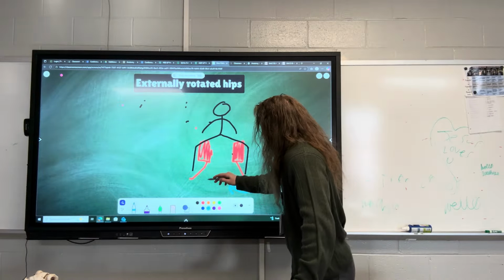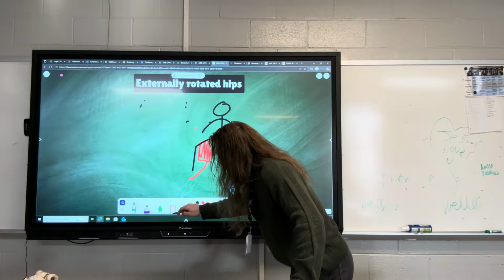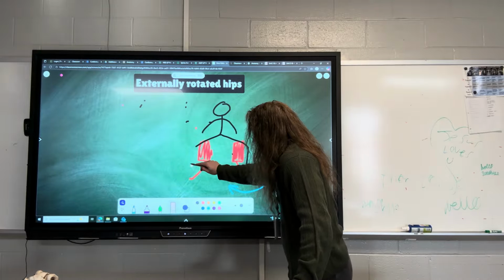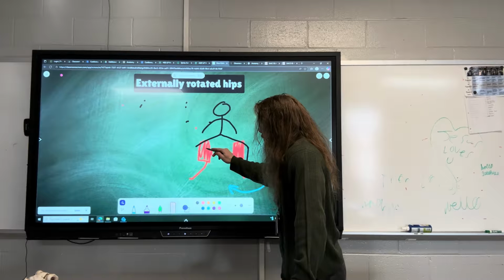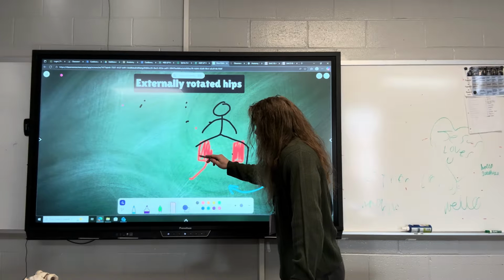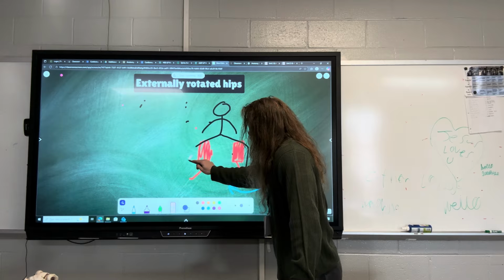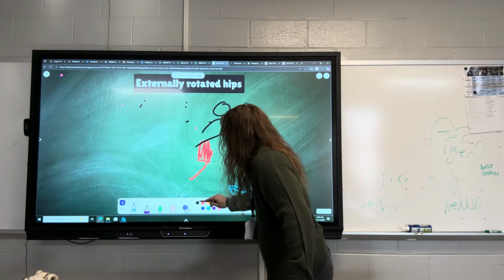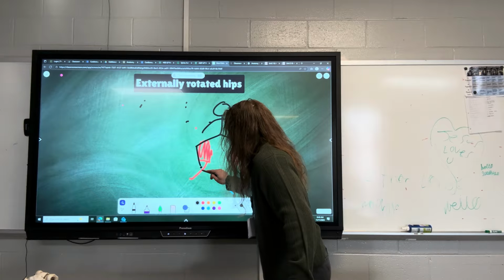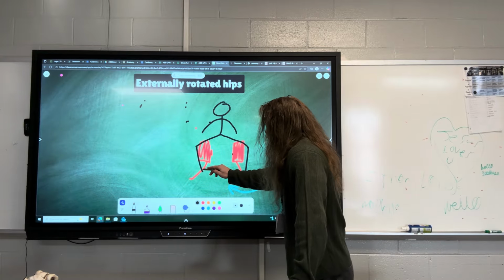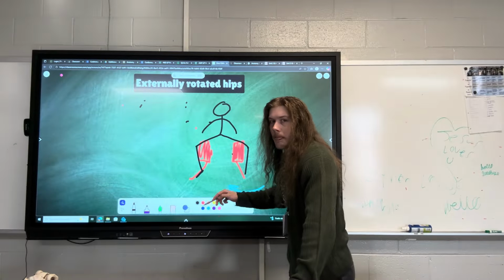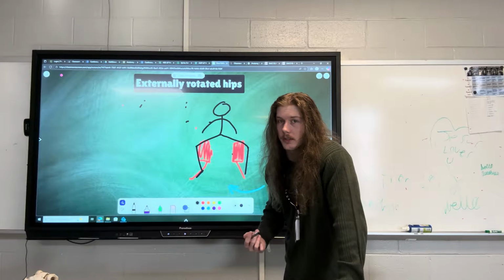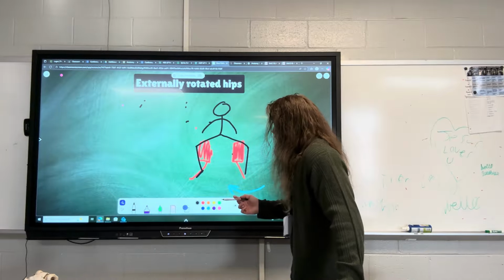So you can imagine that if my knee is pushing right up against this pad, and my foot is wedged up against this as far as I can, this is an externally rotated position. That's reinforcing bad habits.